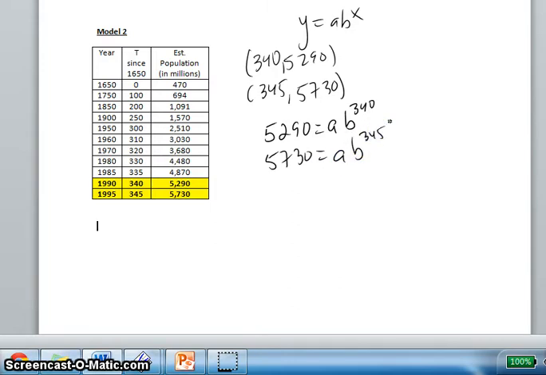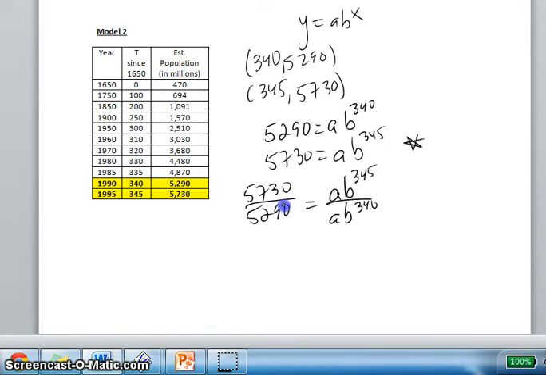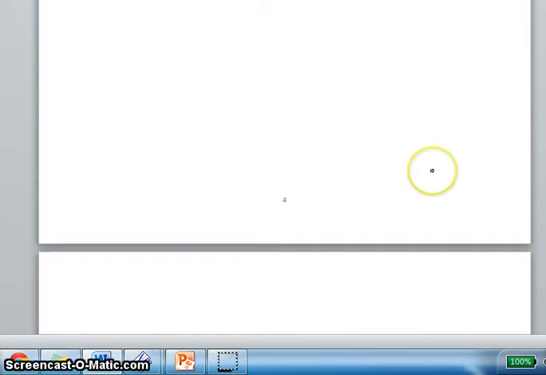And in this case, when we're solving an exponential system of equations, rather than doing something like elimination, we have to divide both equations. I recommend that you always start with the b exponent that has the higher number in the numerator. So that would be ab to the 345th power over ab to the 340th equals 5,730 over 5,290.